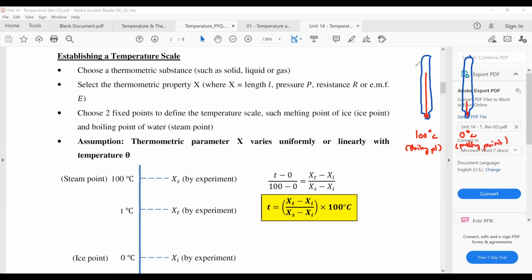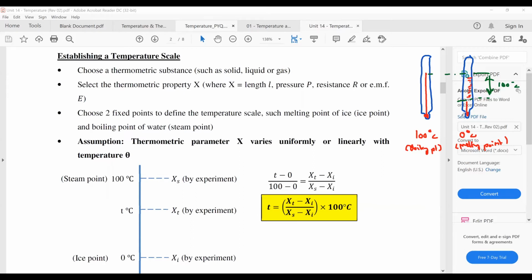Okay, so then after that, the idea was that this difference in the length at 0 and 100 degrees represents 100 degrees centigrade. So from there, you can actually divide out your scale marking into 100 equal divisions. Then that one you will get your scale marking.